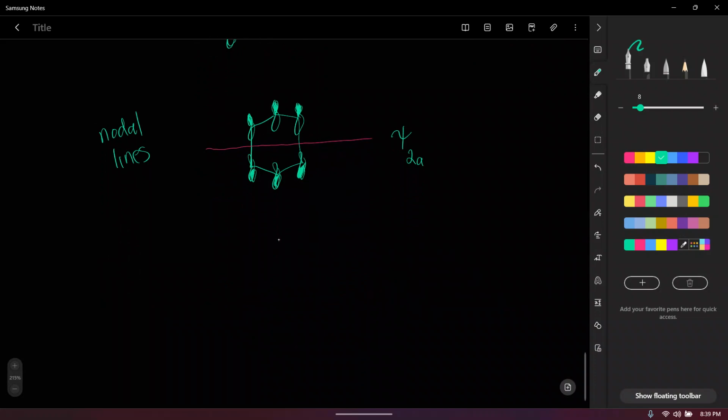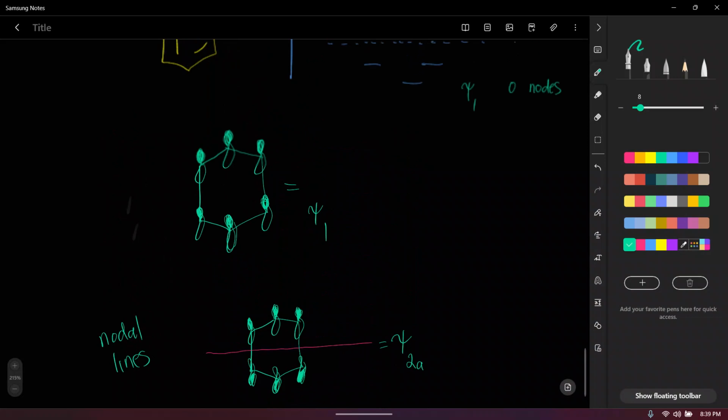But hopefully what you guys can see is that there's actually another way to make this symmetric and only have one nodal line, and that would be if my nodal line went right down the center. So if my nodal line went like this. And in order for that to be the case, then I would shade this one and this one up top, but these two down on the bottom. Okay. And that one still only has one nodal line.